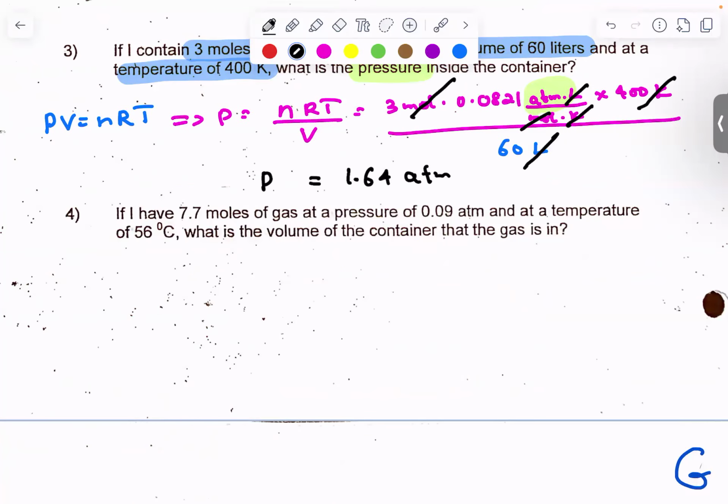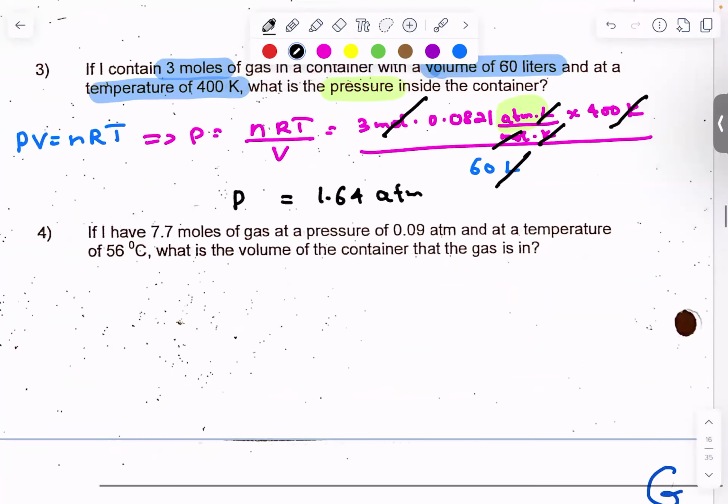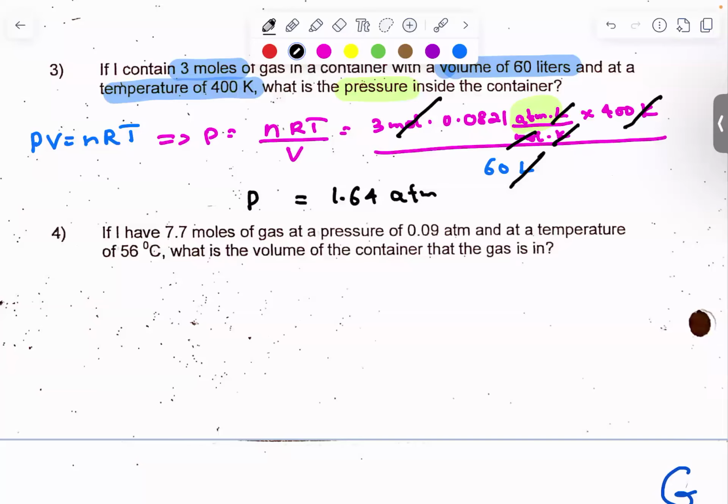Read out the question on your own. If I have 7.7 moles of gas at a pressure of 0.09 atm and at a temperature of 56 degrees Celsius, what is the volume of the container that the gas is in? The very first thing I'll request you to do in the paper as well, because I think you cannot use the highlighter in the paper, is this: you will not highlight the things which are given with the correct unit, but do underline the unit which is given incorrectly.